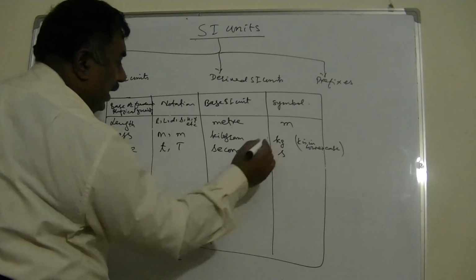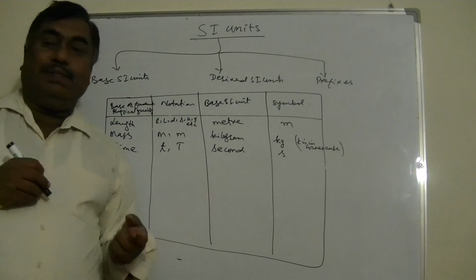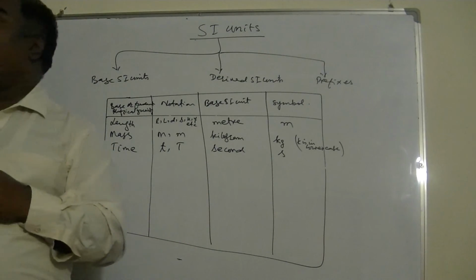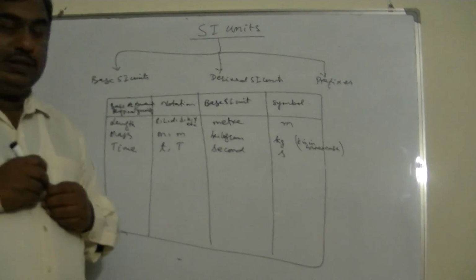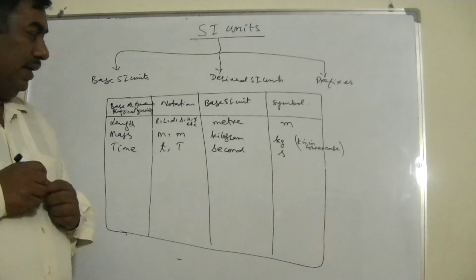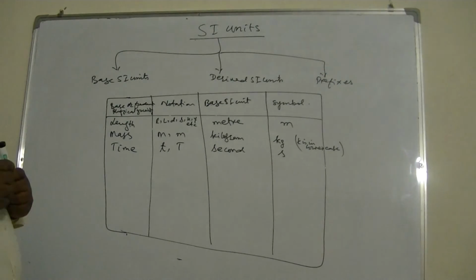It's small s. Please take care while writing the unit of second. It must be small s because capital S is used for another unit, which is siemens, the unit of the electrical quantity conductance. We will not discuss it here, but it must be small s.